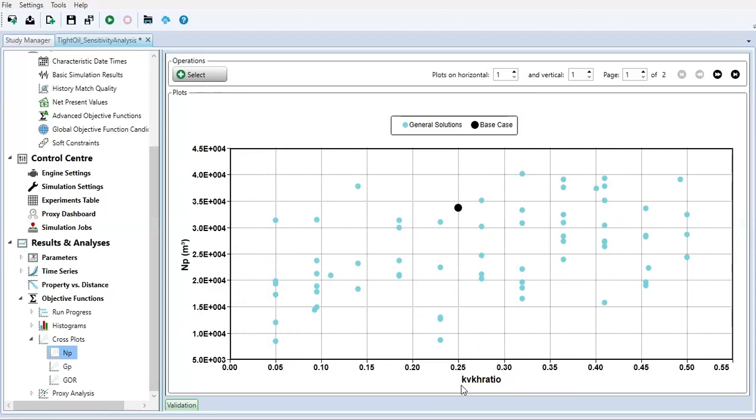But of course, the KV/KH ratio is given. It's the property of your reservoir. You cannot increase the KV/KH ratio, right? I'm just saying that if the KV/KH ratio is higher or your vertical permeability is higher, for this model, for this reservoir, generally you will get more oil.